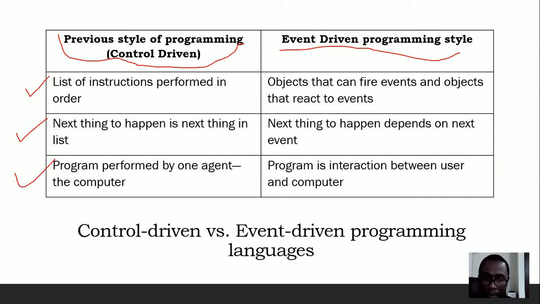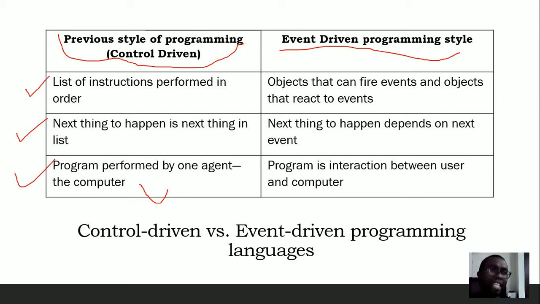So program is interaction between user and computer. So program is performed by one agent, the computer. So the program was in charge of everything here, and here the program is interacting between you and the computer. So that is how now the aspect of human and computer interaction is being brought into play here.